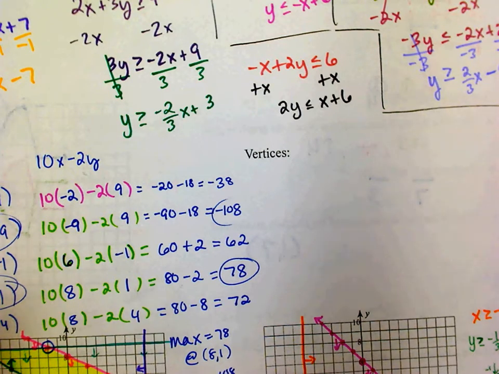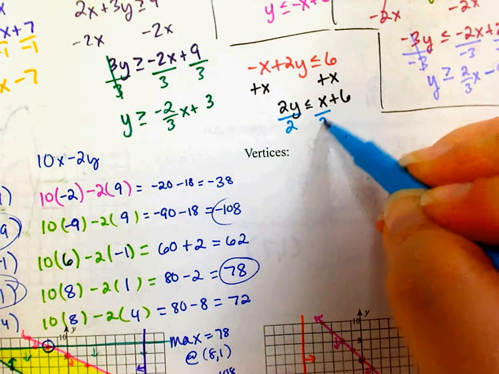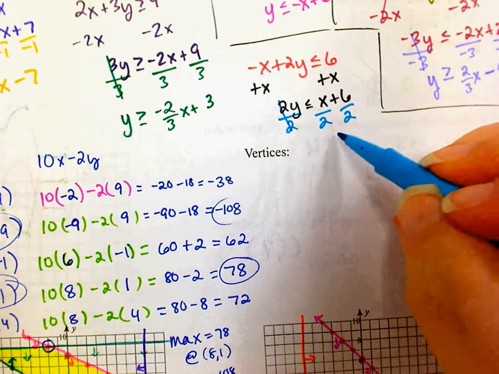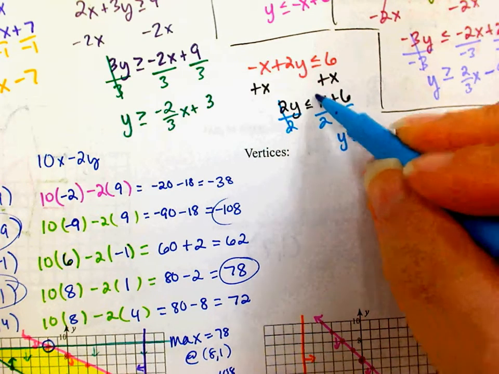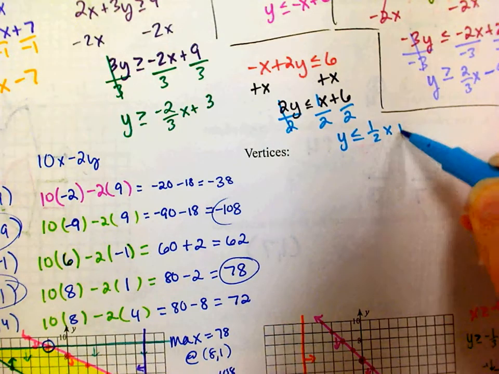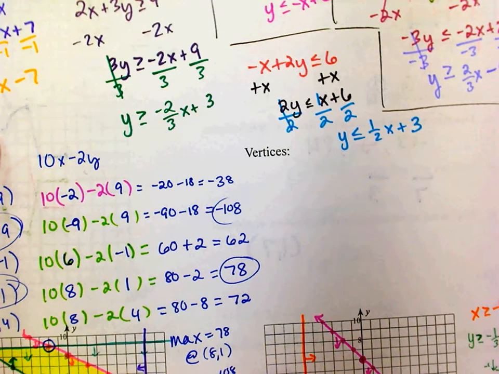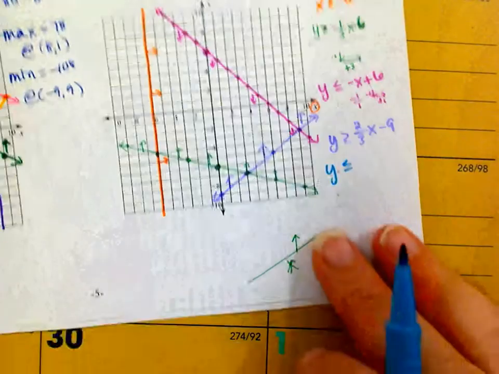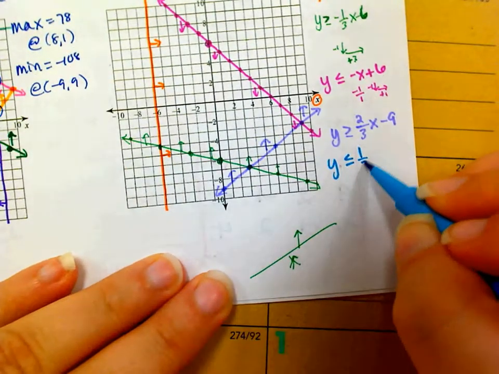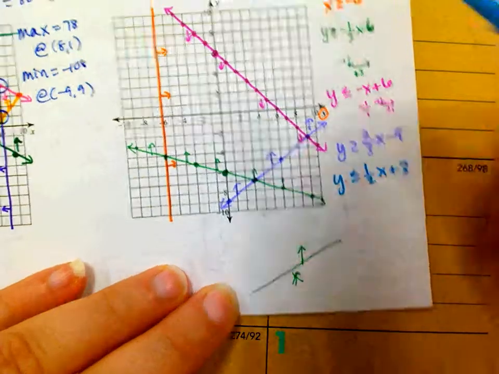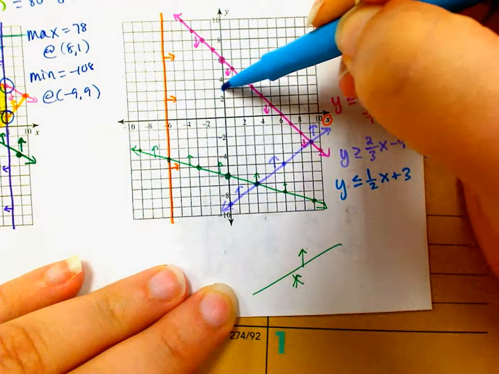So divide by 2. Y is less than or equal to 1/2 x plus what? 3. Y is less than or equal to 1/2 x plus 3. So I go to 3, and I have a slope of what? 1/2.